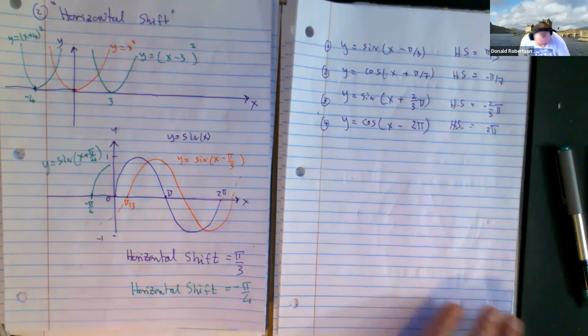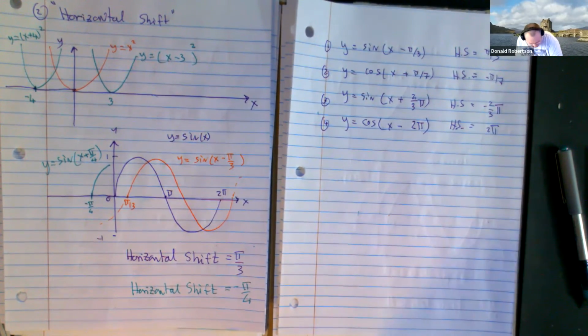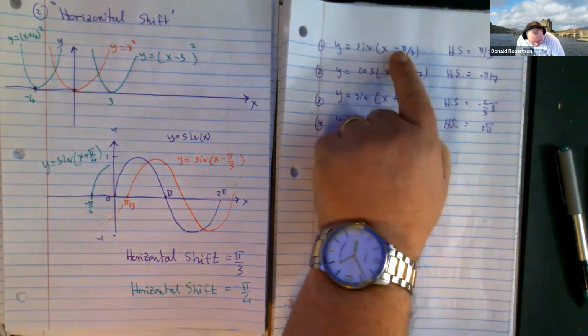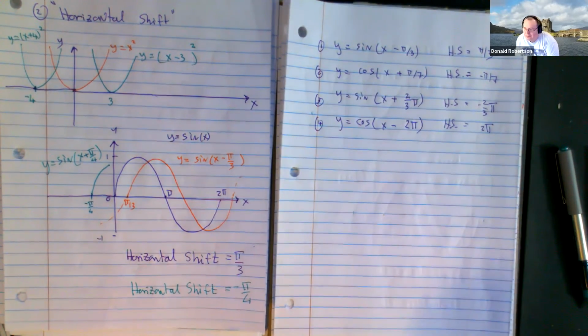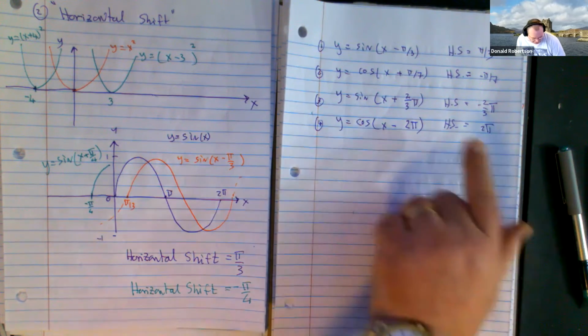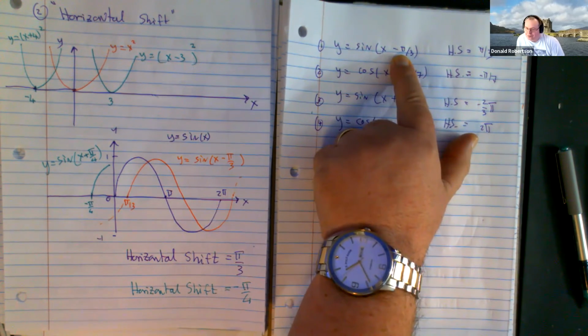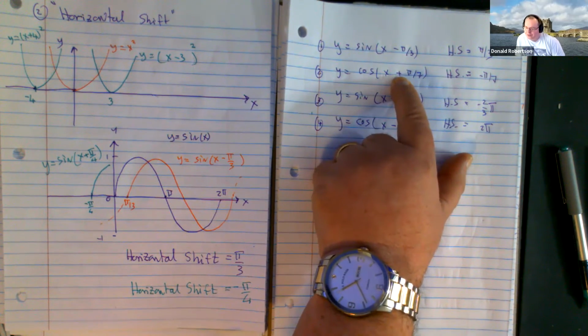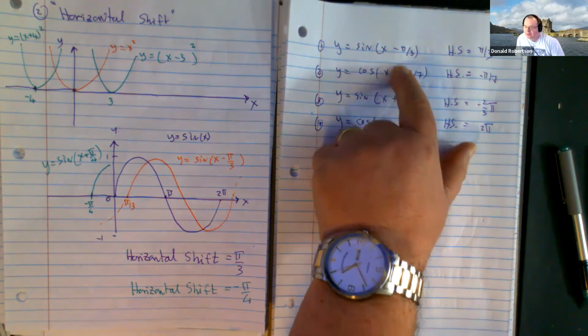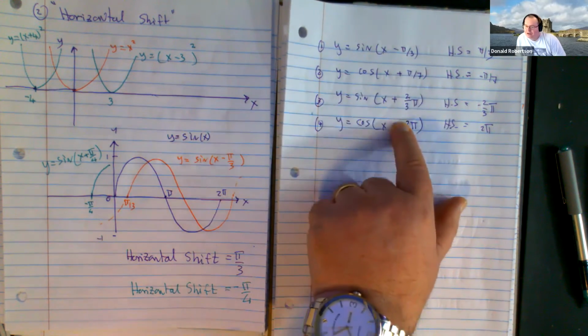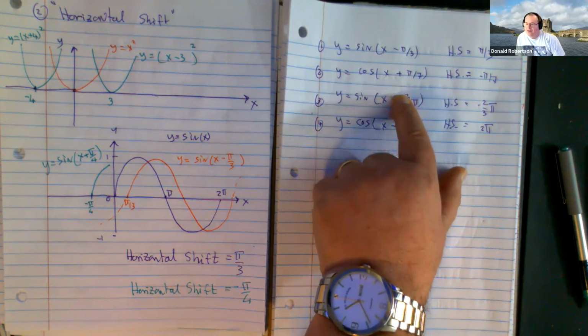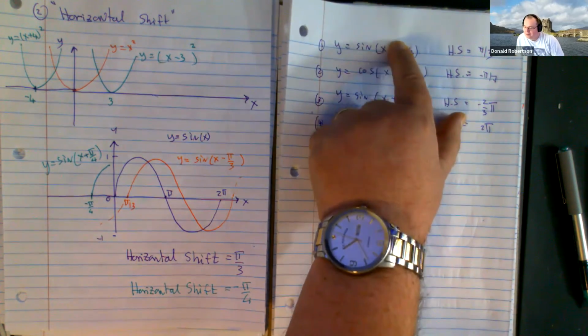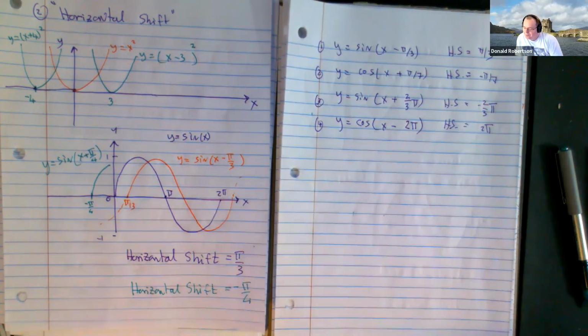I'm trying to think of the short way of memorizing this. For horizontal shift, isn't it just the opposite of what you see? If you see a negative, the horizontal shift is positive. And if you see a positive, the horizontal shift is negative. Just trying to think of a way of phrasing it. So isn't the horizontal shift the opposite of what you see? Is that a good way of remembering it?